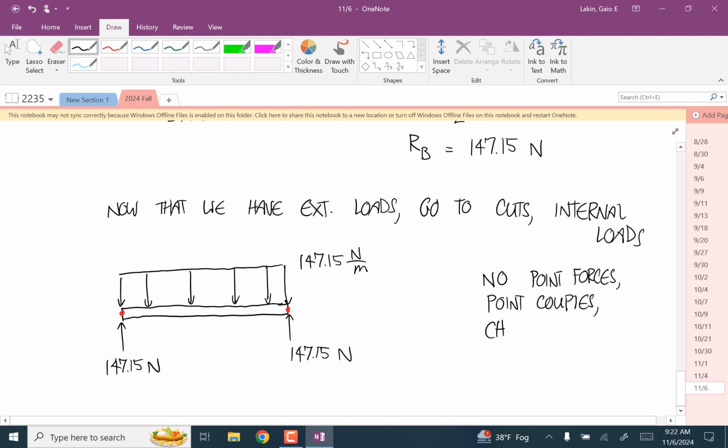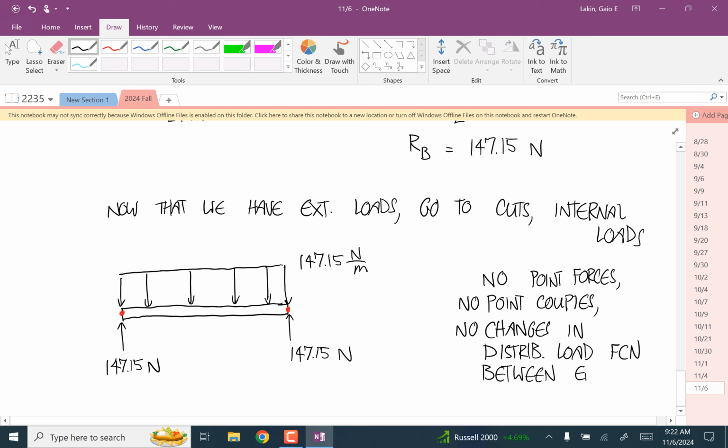No point forces, no point couples, and no changes in the distributed load function between the endpoints. So how many cuts are we going to need?